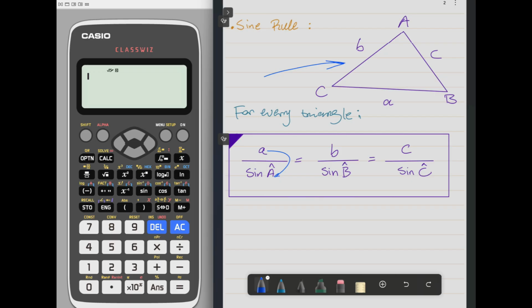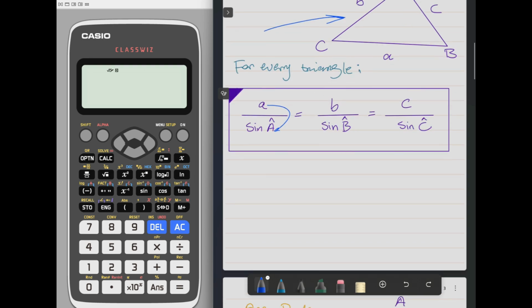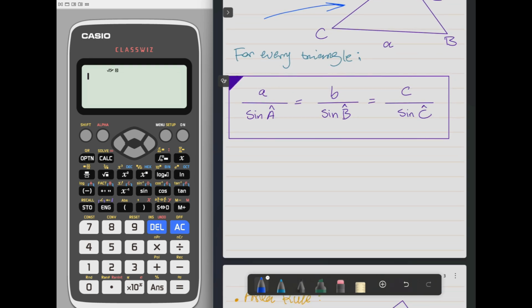The same goes for B, vertex B, and C, vertex C. And as for the equations, I can write this in another form as well: sine angle A over A equal to sine angle B over B equal to sine angle C over C. These two are the same thing, and you can use this one for angles and this one for sides, which doesn't really matter.